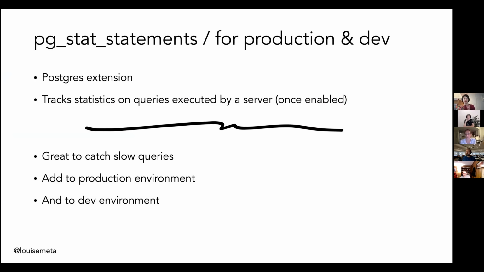You can use a command called CREATE EXTENSION. If you do CREATE EXTENSION pg_stat_statements, it will install it on your environment. Then you have to change the configuration in your Postgres a little bit. But if you are working with a cloud offering, you will probably already have pg_stat_statements.